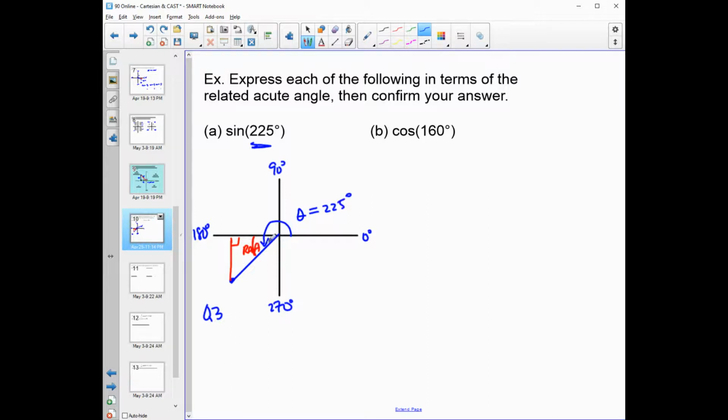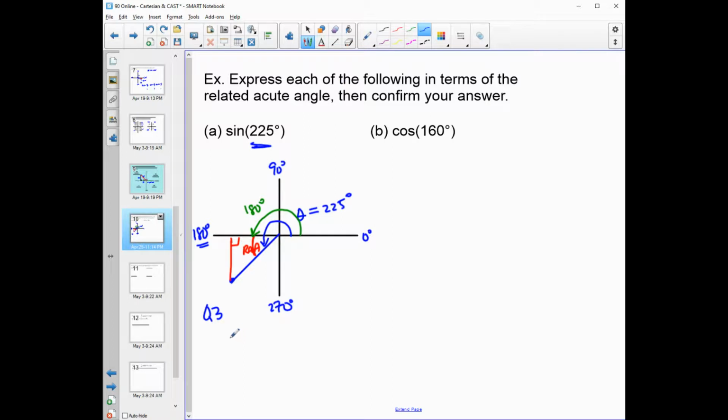And so what's the relationship between theta and the RAA, and in this case, the negative x-axis? So in getting to that terminal arm, we had to start here on the positive x-axis, and we had to go that far. So that green arc, that represents 180 degrees. And then the RAA is the little bit of extra we have to go. And those two things total together must be theta, must be 225 degrees.